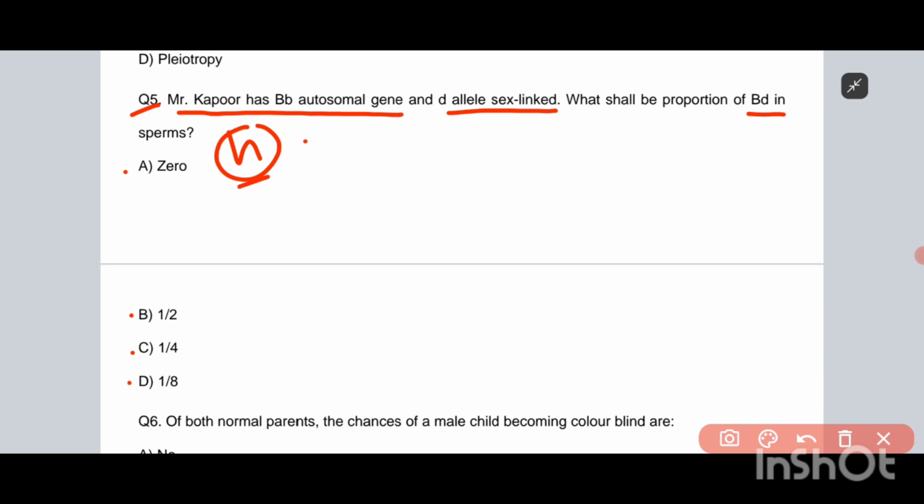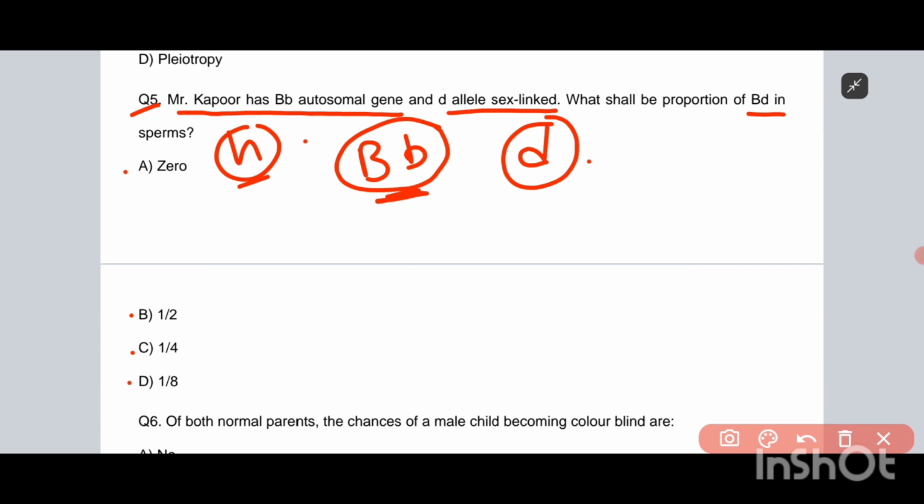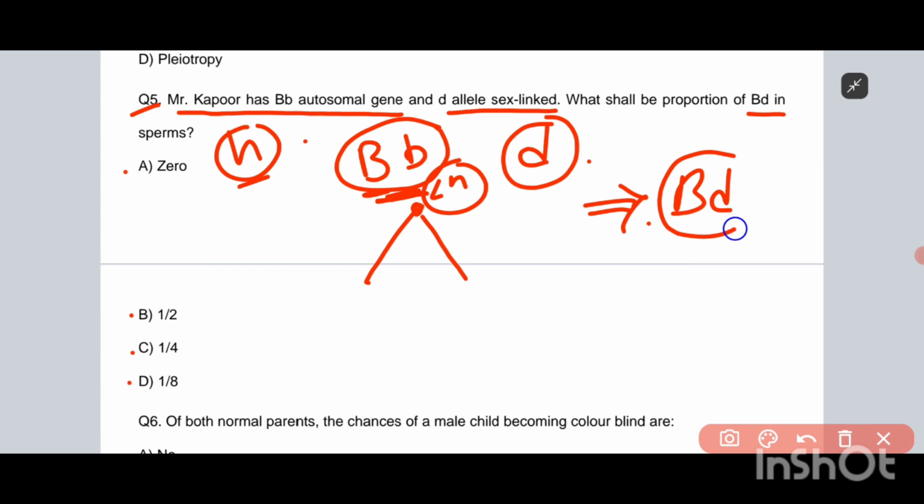So now see that BB is the autosomal gene, and D is the sex-linked allele. In the case of BB, the autosomal gene remains in diploid condition and separates during gamete formation. The desired combination is BD in the gamete in haploid condition.